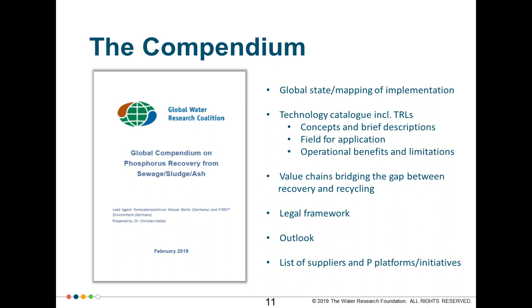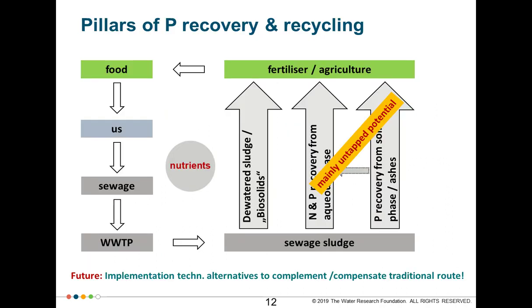In the end, if you look at the market intelligence and development of recent years, we can note an acceleration of implementation. At the end of the compendium, you will find a list of suppliers and initiatives coping with P recovery, but also with nutrient management as a whole.